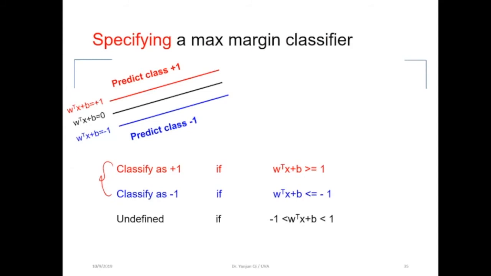If it's larger than 1, it's classified into 1. If smaller than -1, it's classified into -1. And in the middle, for those points within -1 and +1, they are the fuzzy points. I'm not very certain.